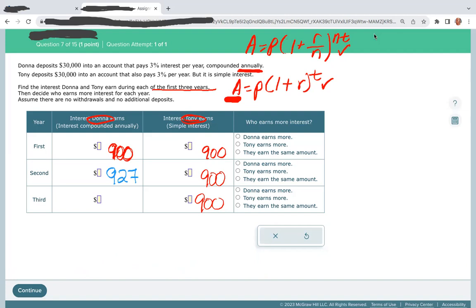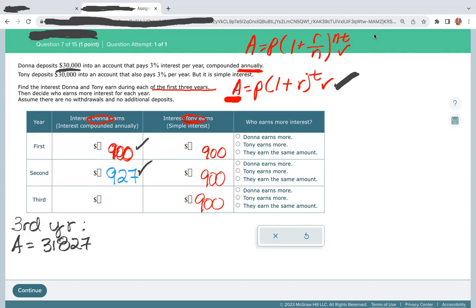So this is for the third year, guys. Now for the third year, okay, now let's pay attention. We're going to use the same formula up here, okay? So we're going to do A is equal to 31,827. How did I get this amount? This amount includes the $30,000 Donna invested, plus the $900 earned in interest the first year, plus the $927 earned the second year, okay?